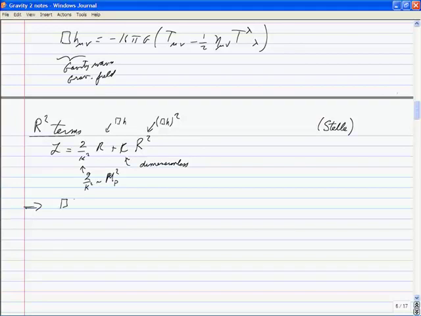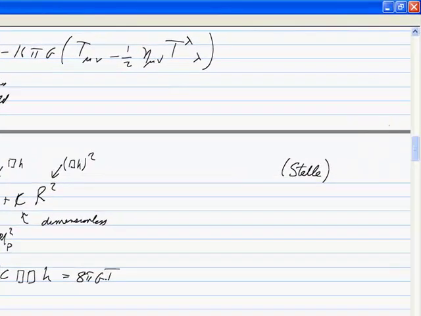You end up with box h plus kappa squared c box squared h is 8 pi G T. And kappa squared then is also of order G.